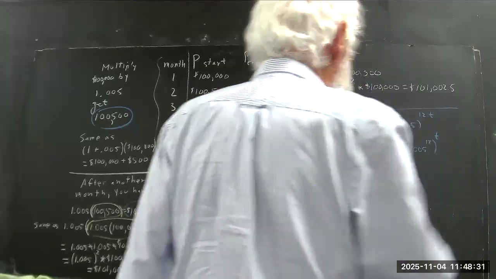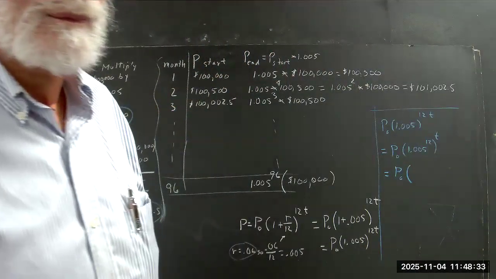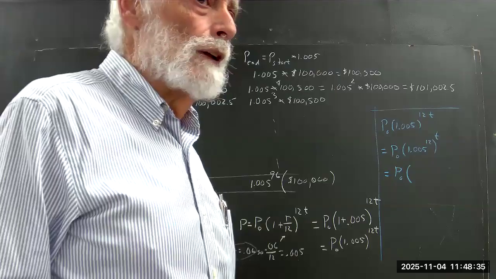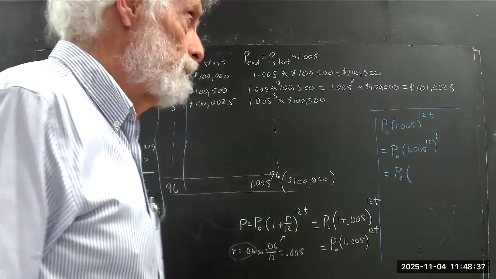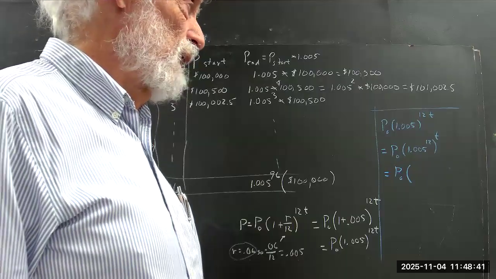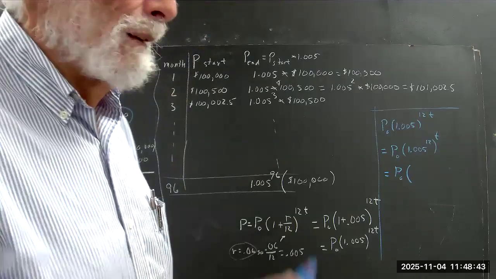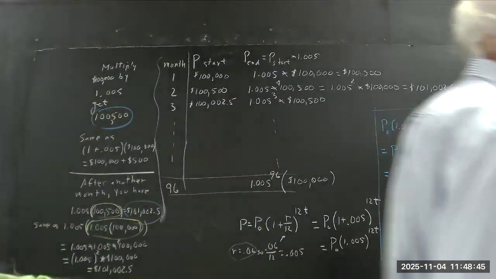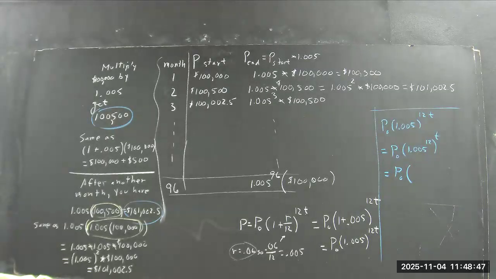Now, what's 1.005 to the 12th? I can kind of estimate that. It'll be like 1.067 or something like that, maybe. And that's probably a bad estimate. So use your calculator and figure 1.005 to the 12th.